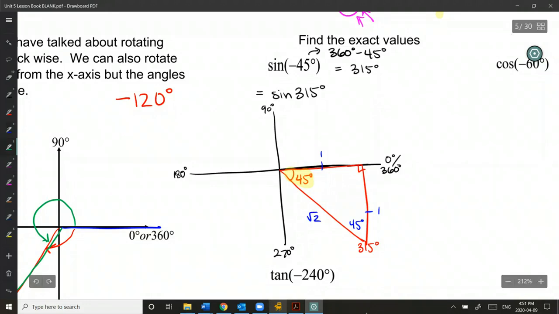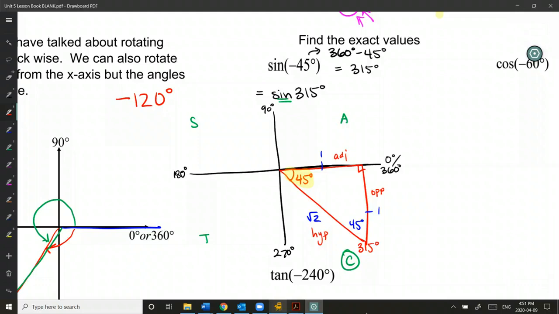And we're going to use the CAST rule. So we are in the cosine quadrant, which means that the sine of 315 in the cosine quadrant will be negative. And based on this reference angle in this corner, I'm going to label my sides as adjacent, opposite, and hypotenuse. Now, because we're doing sine, we want to think SOHCAHTOA.